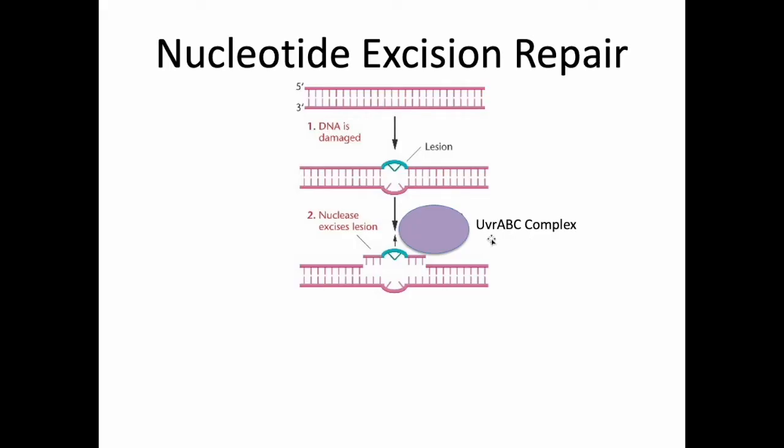Technically, it's three separate proteins: the UVRA protein, the UVRB protein, and the UVRC protein coming together in a quaternary structure, if you remember that term from many chapters ago, to form what's called the UVRABC complex. It's going to come in and it's going to cut out some DNA. And a very important thing to note is that it's not just cutting out the damaged nucleotide or two nucleotides, it's cutting several nucleotides around that damage.